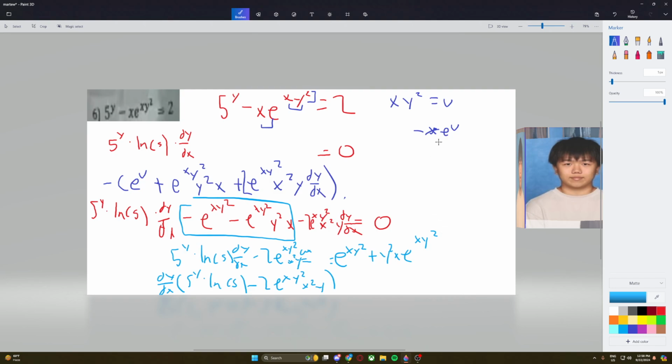So dy/dx equals (e^(xy²) plus y² x e^(xy²)) over (5^y ln 5 minus 2 e^(xy²) x² y).